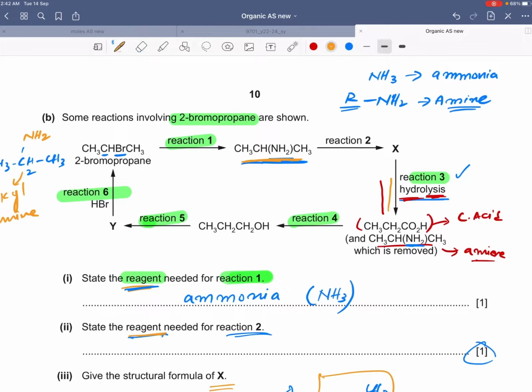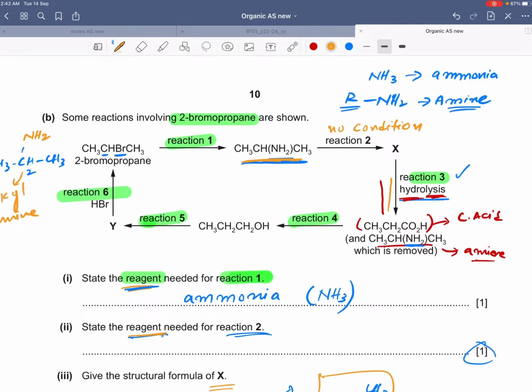You can see that no conditions are mentioned in reaction 2. And you know that acids do not react with amines under normal conditions. You haven't learned any reactions of carboxylic acids with amines, so carboxylic acids are not reactive enough to react with amines under normal conditions.